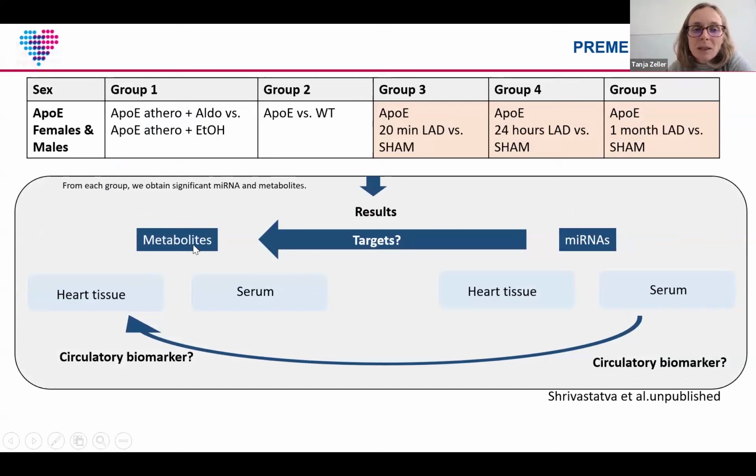We measured metabolites as well as microRNAs, and we want to see whether they can be used as circulatory biomarkers in heart tissue or in the serum of these subjects and mice. We have identified 4 metabolites which might be of relevance. So that should briefly show you that you can combine human cohort data also with some experimental models.